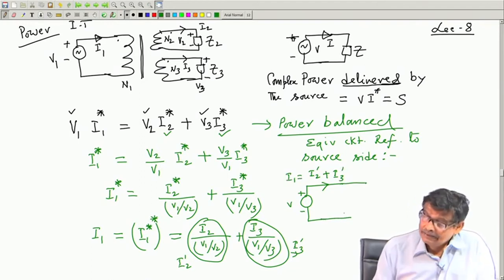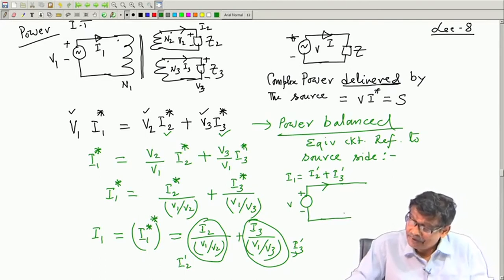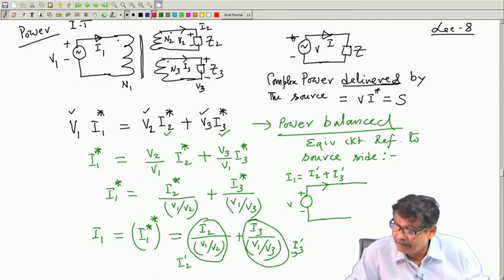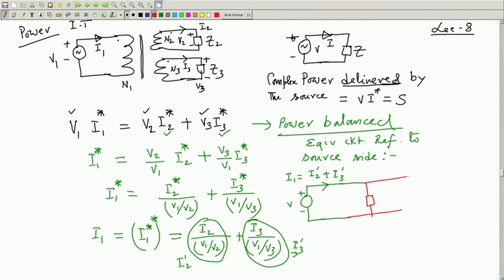Therefore, these impedances must appear in parallel, such that one carries I2 dashed and the other I3 dashed.